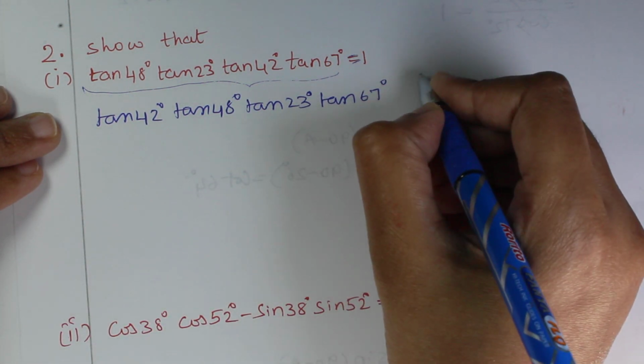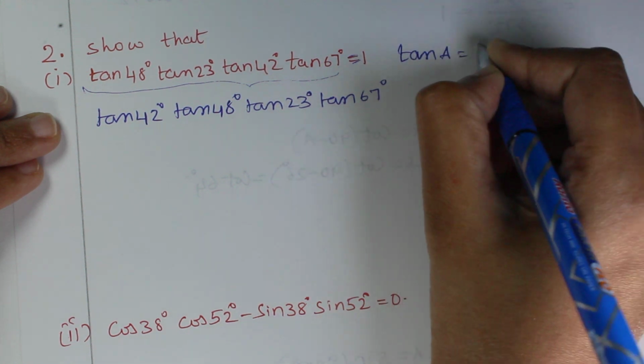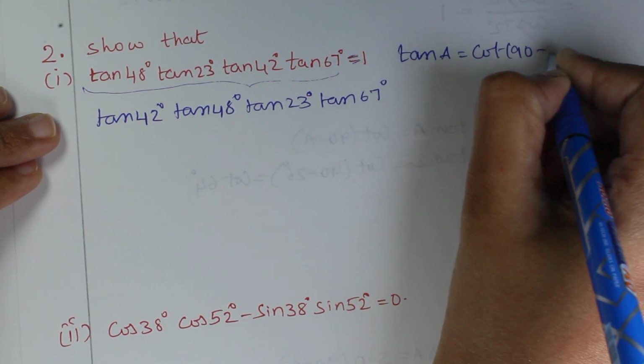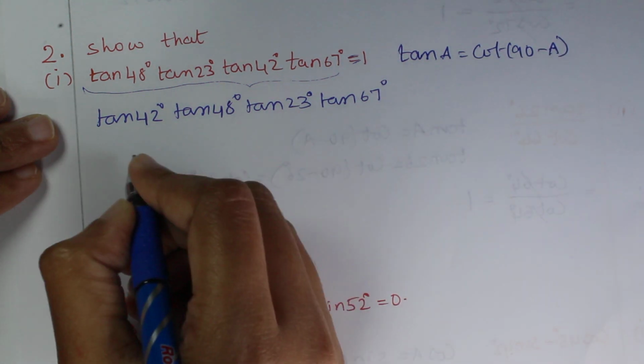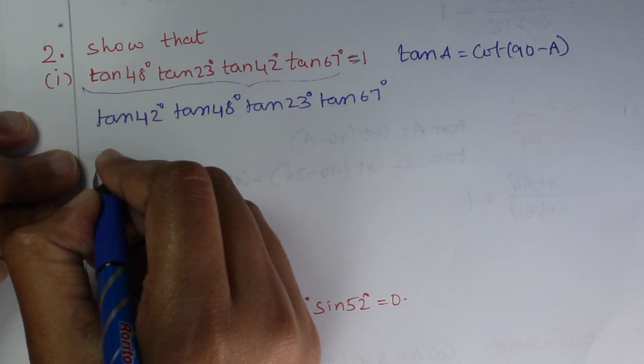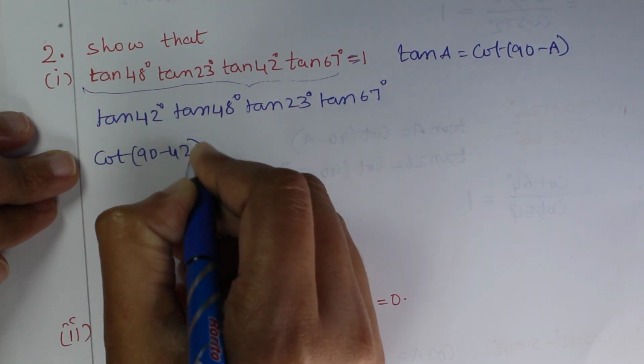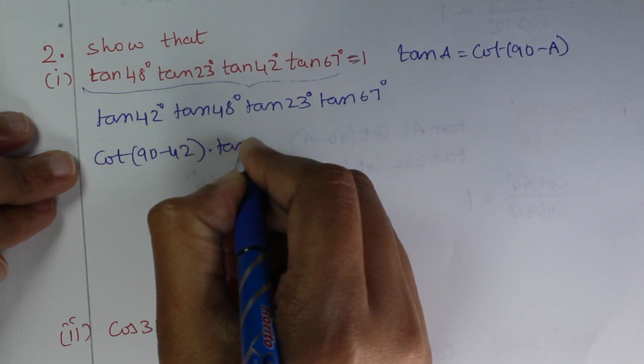Now we know that tan A is equal to cot of 90 minus A. Right? So tan 42 degrees becomes cot of 90 minus 42 degrees, which is cot of 48 degrees, into tan 48.